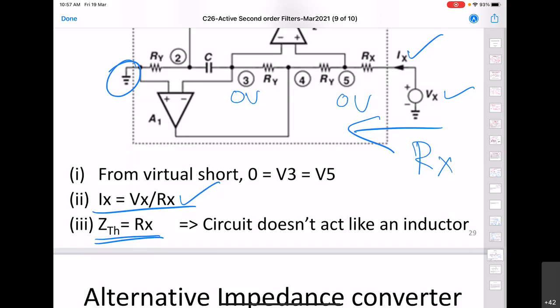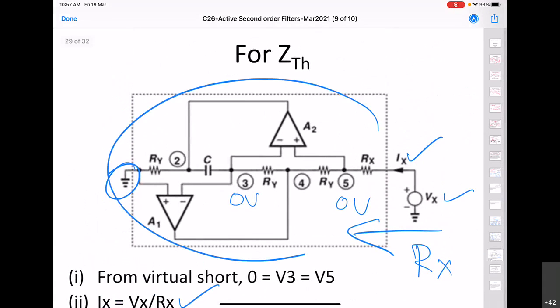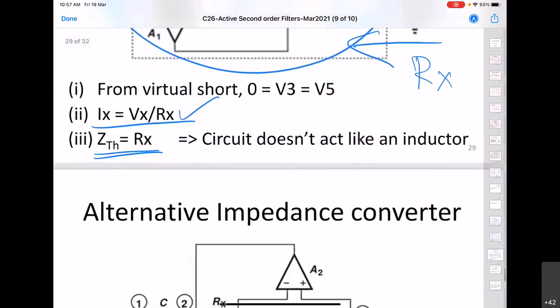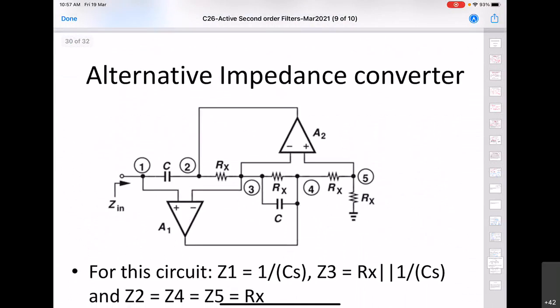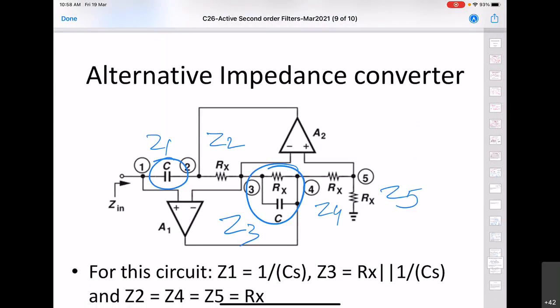But anyway, if someone wants to use this Antonio topology or circuit also to implement a low pass filter, then that is also possible. In that case, one will have to take Z1 as capacitor, Z2 resistor, and Z3 will now be modified to a parallel of resistor and capacitor, and Z4 is resistor, Z5 is resistor.